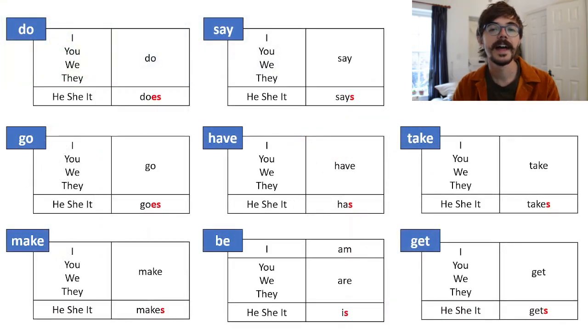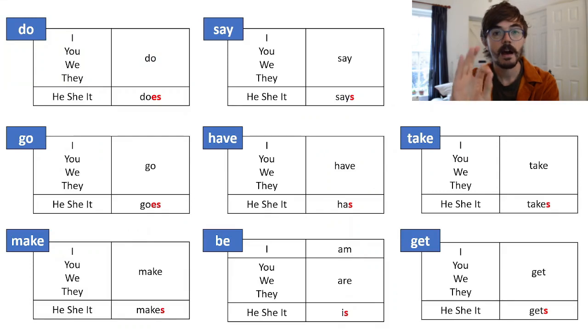Now here are the 8 most common verbs in English. And you can see that with every one we put an S or an ES after he, she, it. And all of these verbs have just 2 forms.